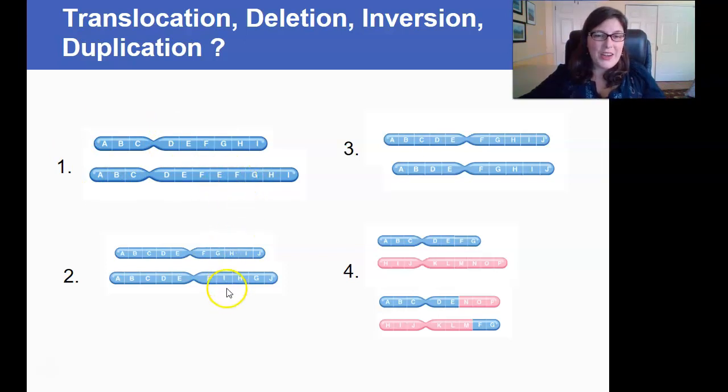We can see here there is an inversion where GHI gets switched to IHG. Here we can see there is a deletion, C got removed, and then here we can see a translocation where you're actually getting that swapping, but instead of it being those homologous pairs of chromosomes, chromosome 7 and chromosome 7, in this case that would have been chromosome 8 and chromosome 15 or something.